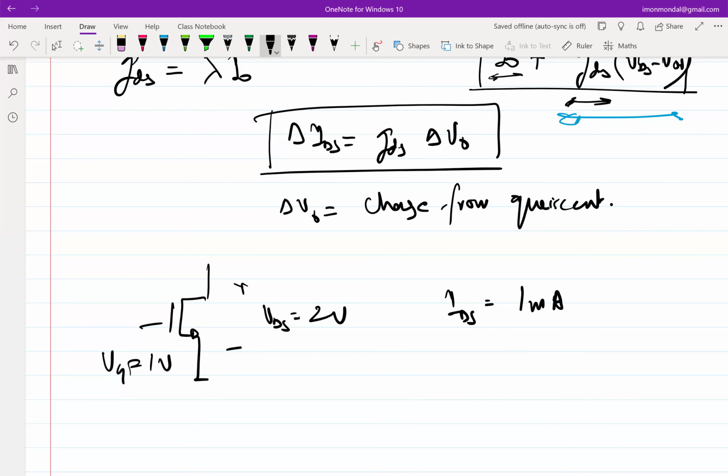Right? You have put in a one-time effort and you have found this out. Now I say that for some reason, VDS has changed to 3 volt. So you can redo the entire thing, or alternatively, what you can say is that this IDS new will be this old IDS plus GDS times how much change of VDS has happened? 1 volt, right? Times 1 volt.